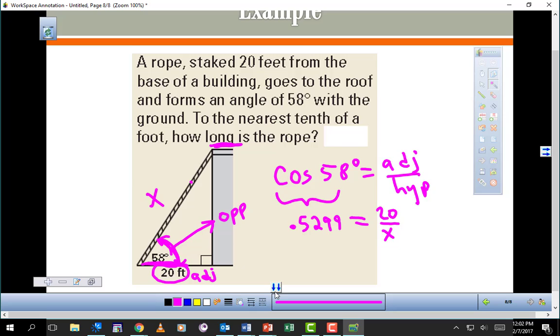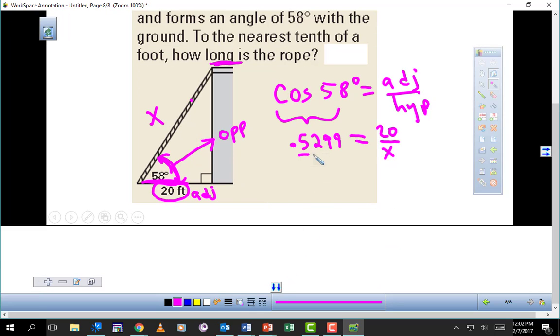So once again, to solve these, usually what you want to do is just put a 1 down here and then cross multiply. So we would get 0.5299 x is equal to 20. And then divide by 0.5299.